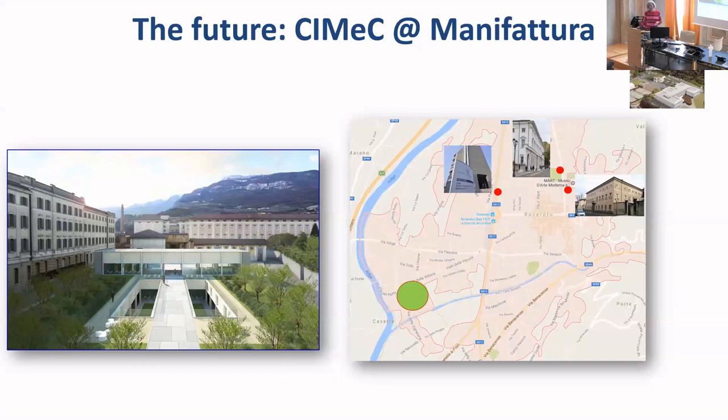This is a very important step for CIMEC because the interdisciplinary core of this center will be even more strengthened with the possibility for us to live all within the same roof.